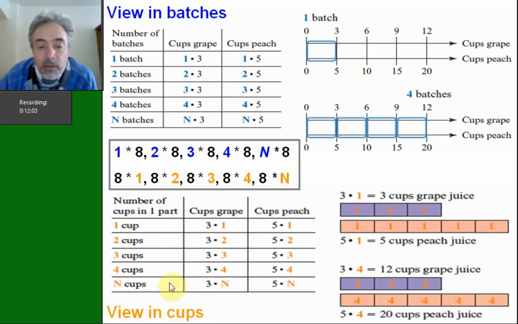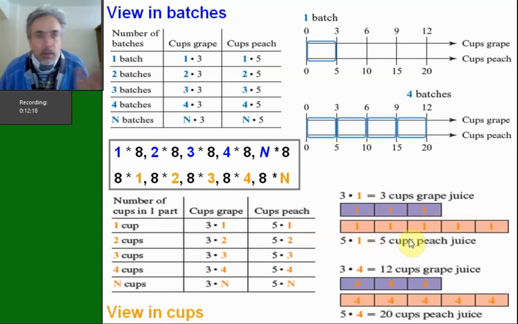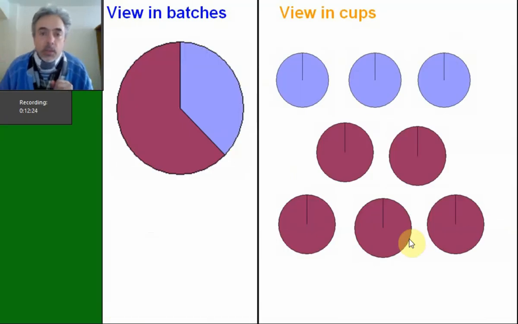Now the view in cups is a little bit different. Every cup has to have the proportion of 3 to 5: 3 parts of grape and 5 parts of juice. It might be a little confusing right now because we're talking about the same proportion in batches or in cups. But a better slide to understand this is this one here.